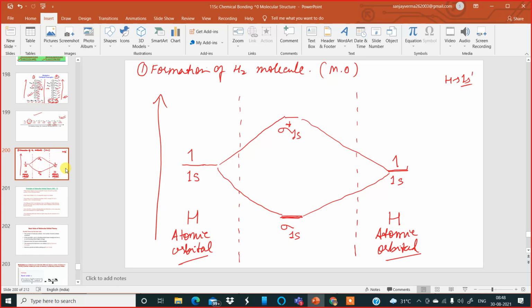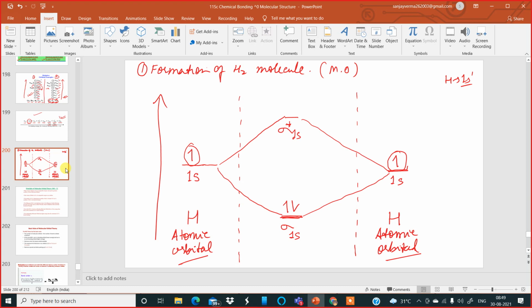Now check the total number of electrons. The total number of electrons is one over here, another one over here. So both these electrons will follow Hund's rule, Pauli's exclusion principle, and they will fill up the lower molecular orbital this way. The electrons are over now.